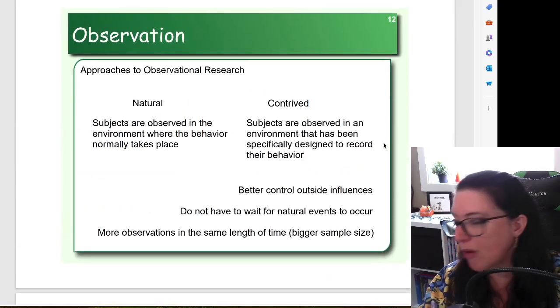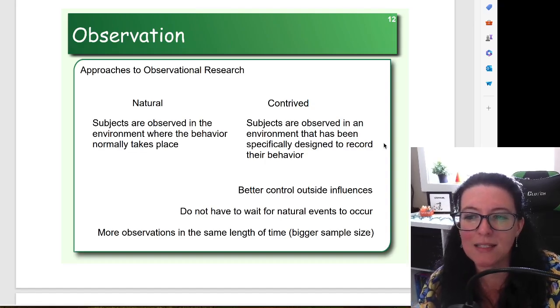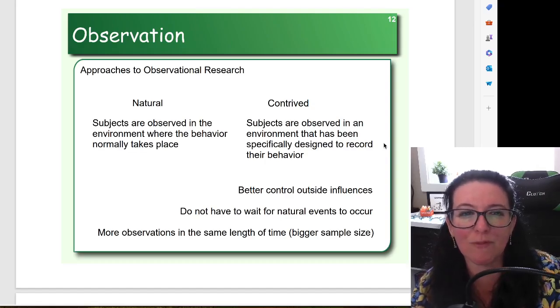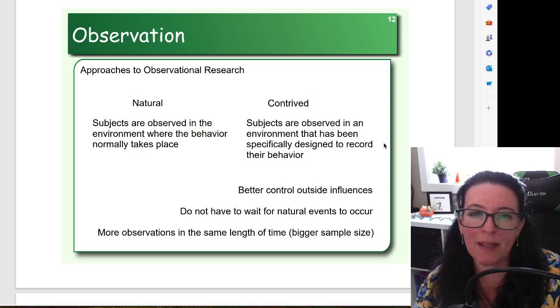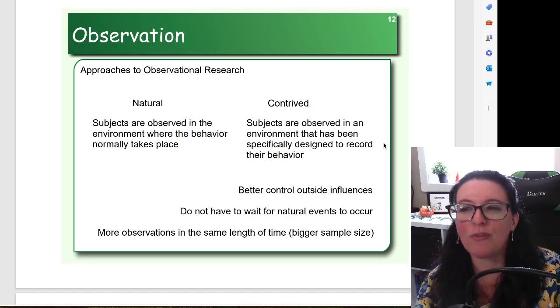Alternatively, your contrived method could be virtual reality. You put on some virtual reality glasses and you move through the grocery store in that virtual reality. So we can simulate that supermarket or that environment, but it's not the real full thing.